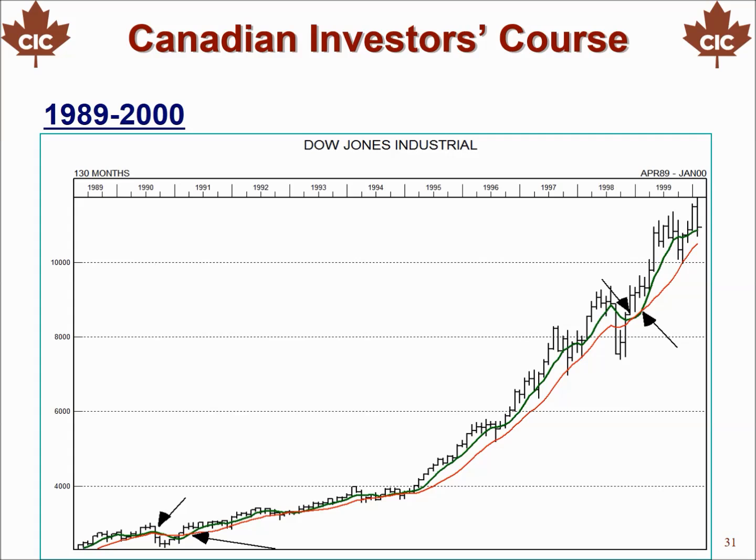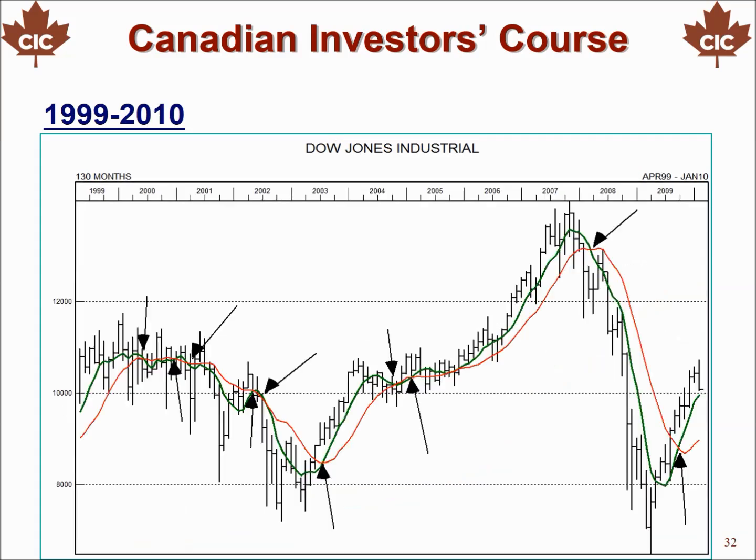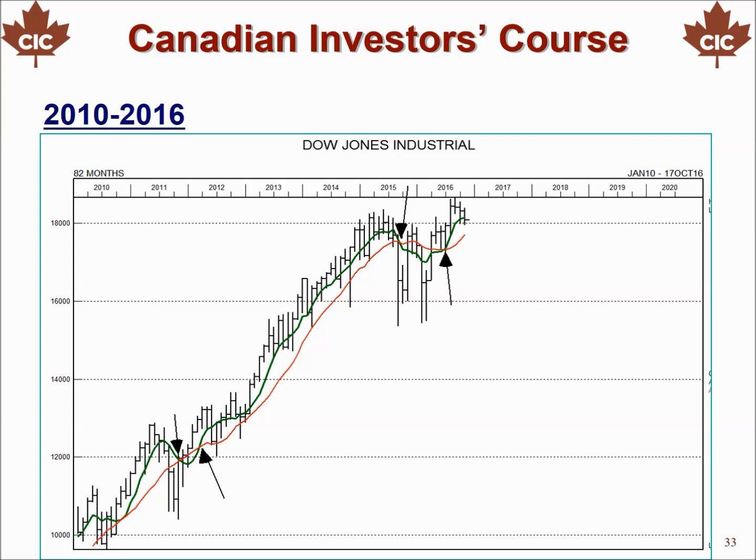So it doesn't hurt you when the markets are doing well, and it can help you a lot when the markets aren't doing well. 1999 to 2010, lots of activity, sideways market again. Here it really helped out. And 2010 to 2016 looks a lot more like the 80s, but even so, it didn't hurt you to use the strategy.